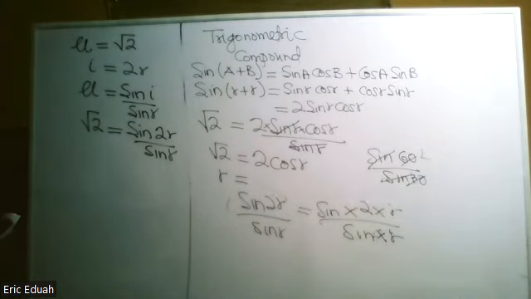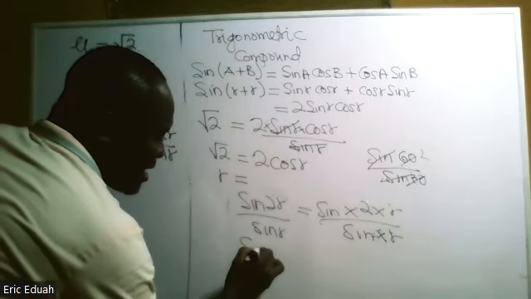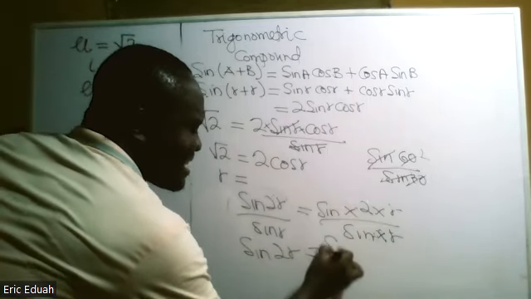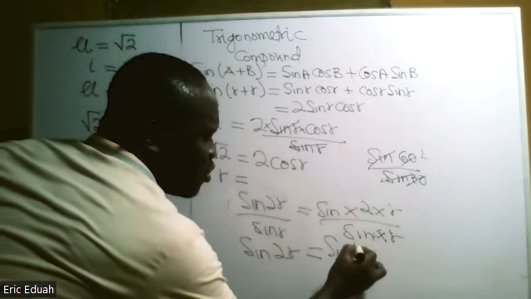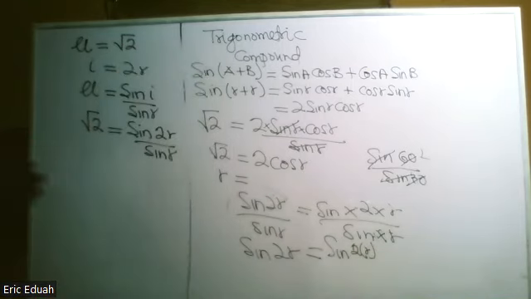Are you okay? So sine 2r is not the same as 2 sine r. Come again. Sine 2r is not the same as 2 sine r. Sine 2r means sine of 2 times the angle.